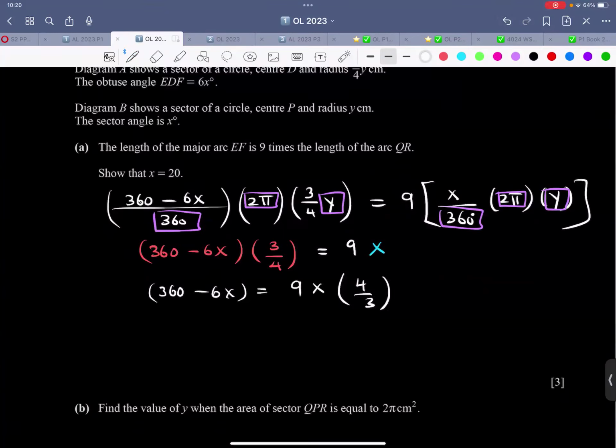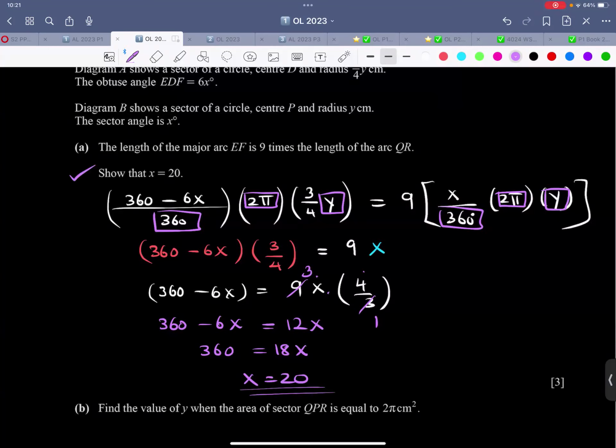Let me cancel it out. 3 ones are, 3 threes are, and 3 into x into 4, that is 12x. 12x is 360 minus 6x. Therefore, 360 is 18x. Therefore, x comes out to be 20. So we very comfortably get this answer.